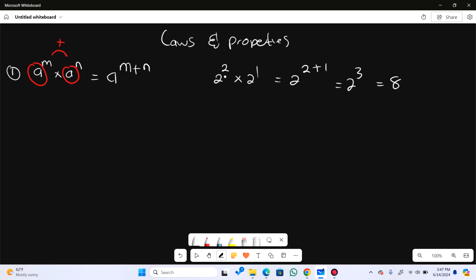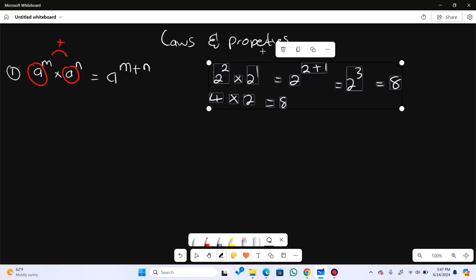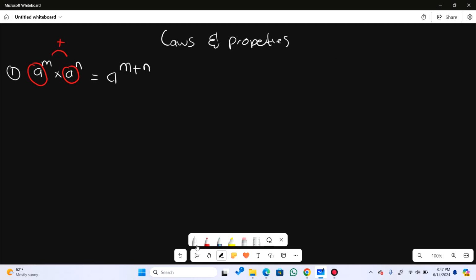But if we do it the normal way, we'll have 4, because 2 squared is 4, and then 2 raised to the power 1 is 2, and then 4 times 2 will give us 8. So that's the first law, which is very important to note.